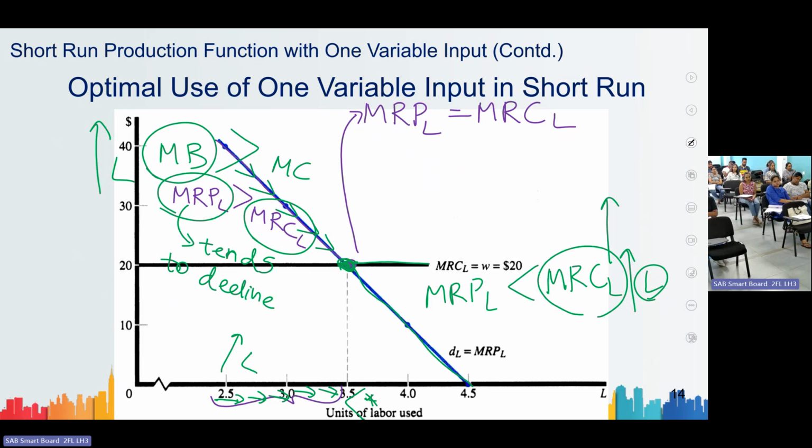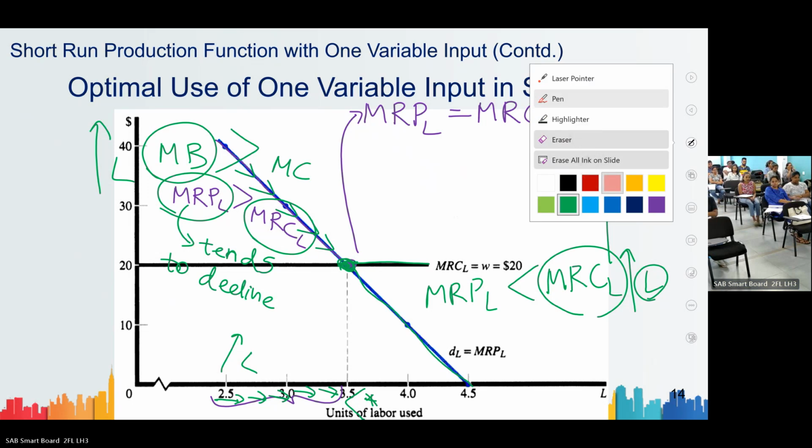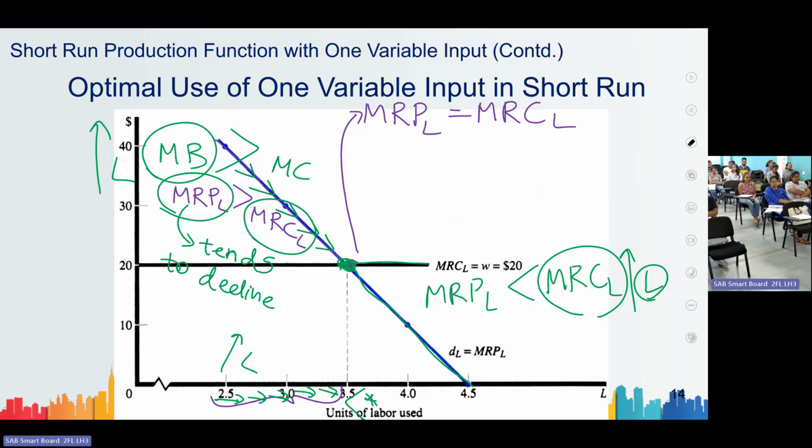The gap between marginal revenue product of labor and marginal resource cost of labor will increase. Therefore, what naturally happens is the firm decides to cut down its labor input, because its marginal cost is higher than marginal benefit.